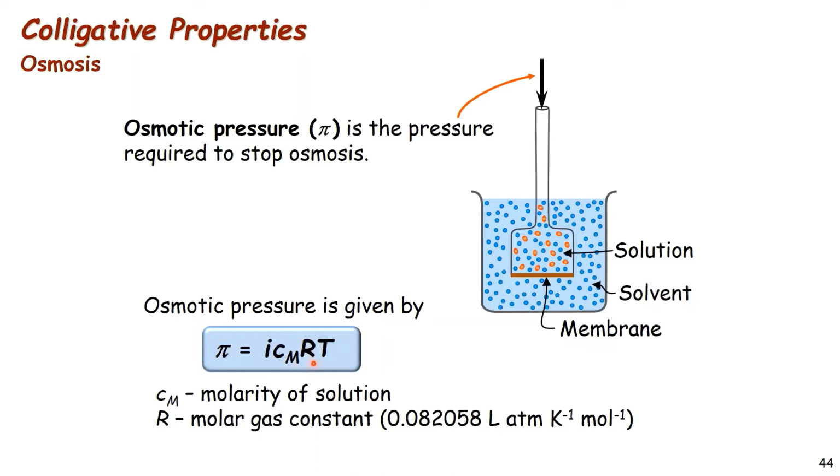And then this is just the molar gas constant. Since we're dealing with pressure, it's going to be 0.082058 liters atmosphere per Kelvin per mole. So here's the moles per liter, that is the molarity. So this is the molar gas constant that you use. And then T is just going to be the absolute temperature in Kelvin.